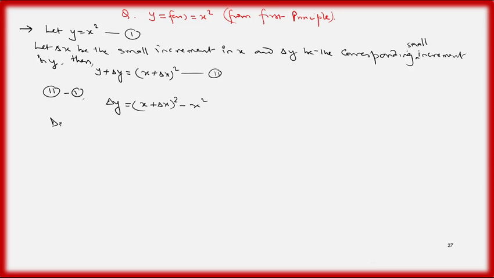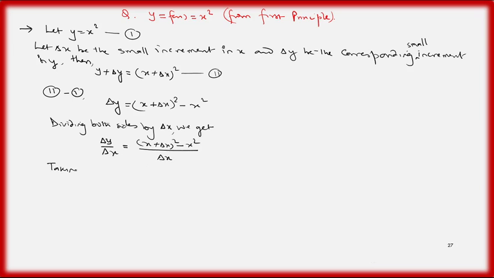Now dividing both sides by del x, we get del y by del x equal to x plus del x whole square minus x square over del x.